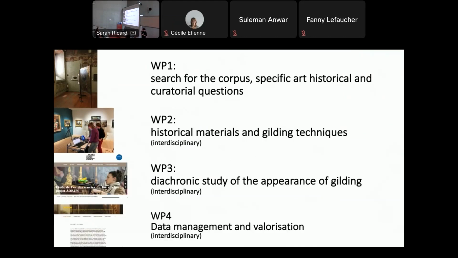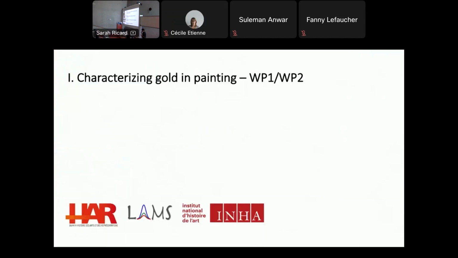And the third main working package is about the diachronic study of the appearance of gilding, not only today, but also in a historical approach of understanding the way that paintings with gold were exhibited at the time of their creation.